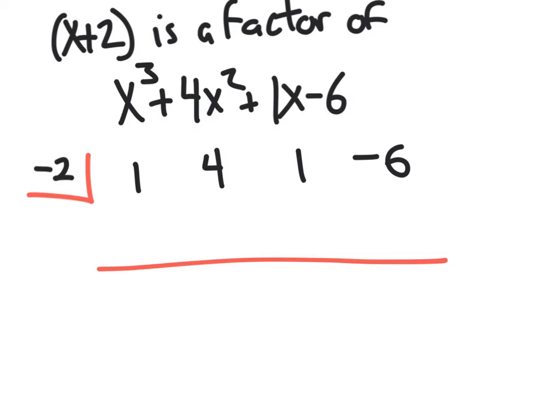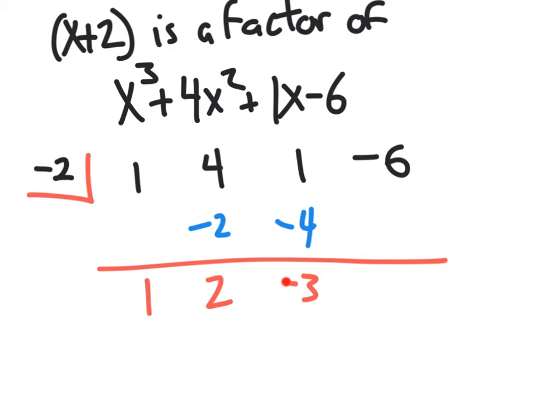The 1 comes down, and then -2 times 1, what do I get? -2. And then as we go down, 4 and -2, what do we get? We get 2. Okay, and as we go this way, -2 times 2, what do we get? -4. And then as we go down, 1 and -4, what do we get? -3.